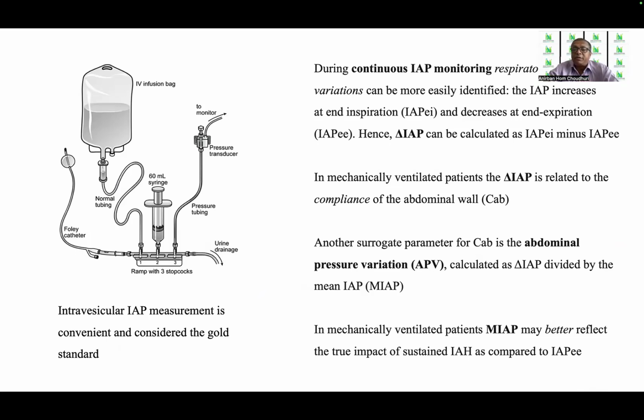Just like you have pulse pressure variation, you have abdominal pressure variation, which is calculated as the delta IAP, the difference between end inspiration and end expiration of intra-abdominal pressure, divided by the mean. In mechanically ventilated patients, this mean change of intra-abdominal pressure will better reflect the true impact of sustained intra-abdominal hypertension as compared to the others.